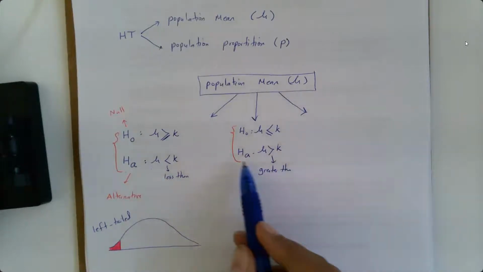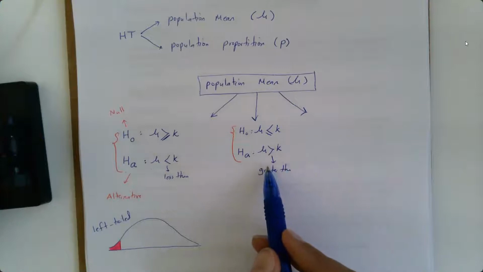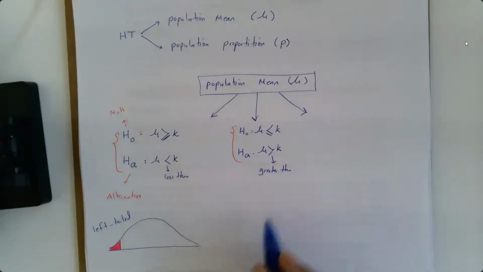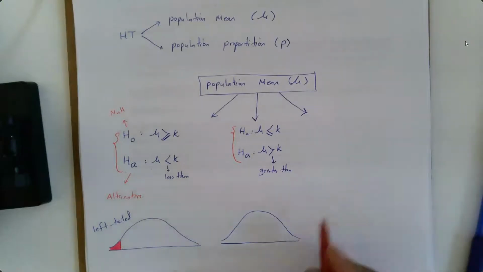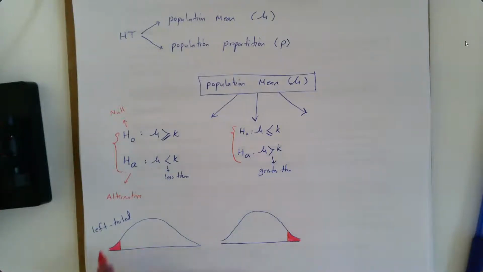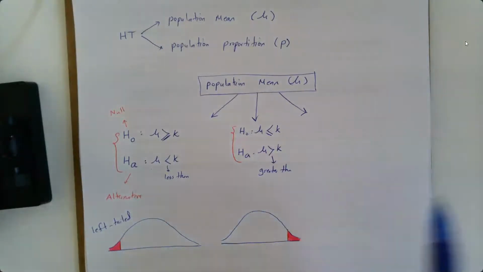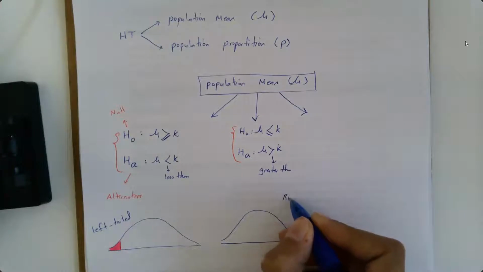So in this case, since the alternative hypothesis is larger than, greater than, you're dealing with a right-tailed graph and we shade the right-hand side of the graph. Later on, we're going to learn how to find these numbers dividing the rejection region from the non-rejection region. So this is called a right-tailed graph.